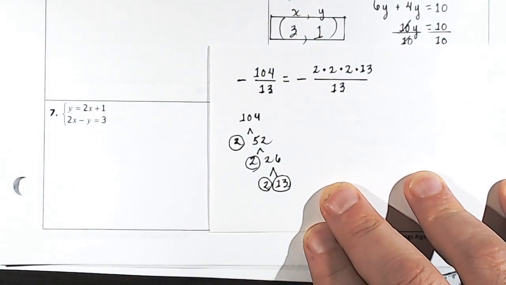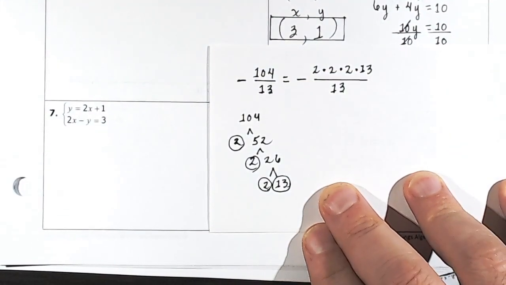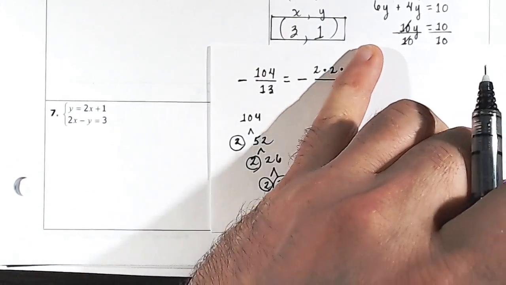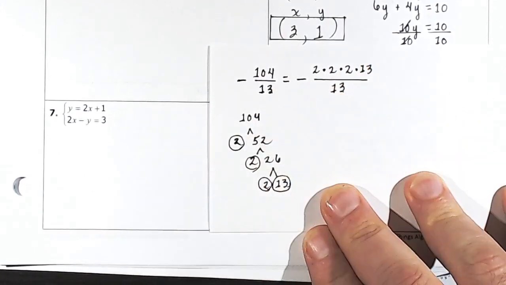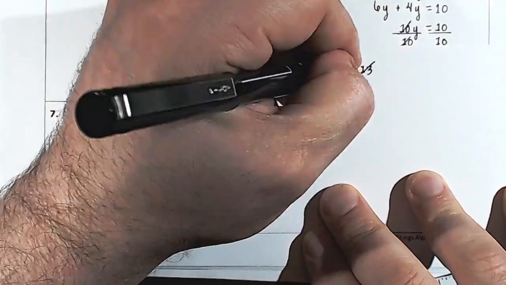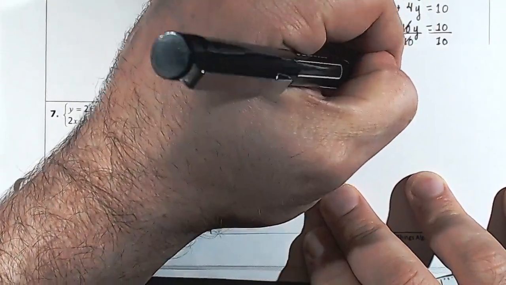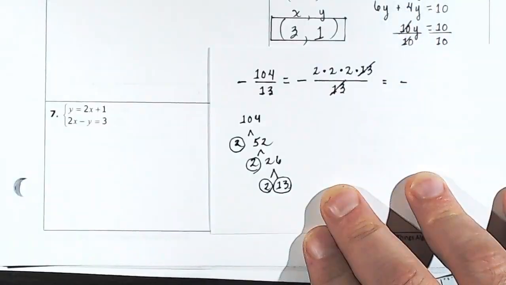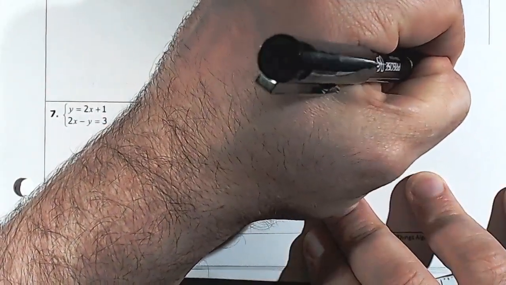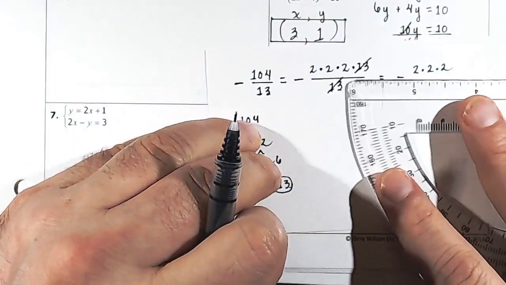Why did we do this? All right, 13 is a prime number. So look, I've got a 13 in the numerator and a 13 in the denominator. I can cancel those like this. Let me rewrite now. I now have my fraction to be negative 2 times 2 times 2 over 1.